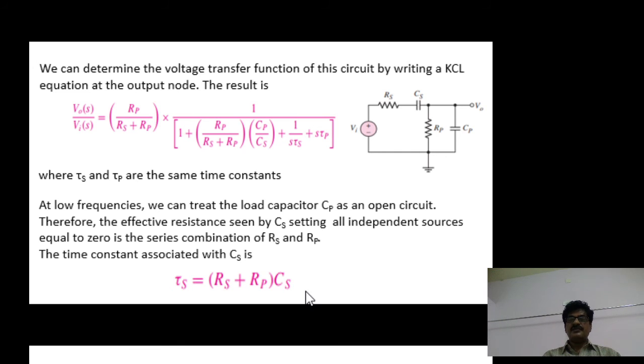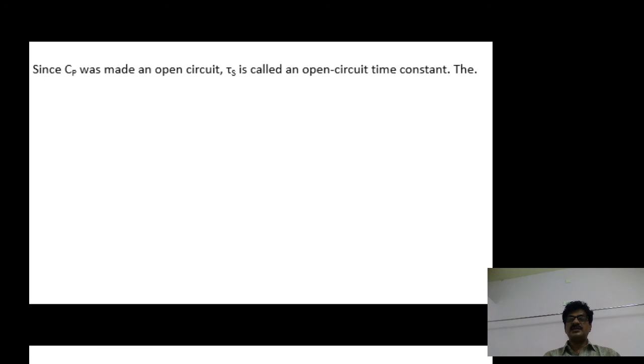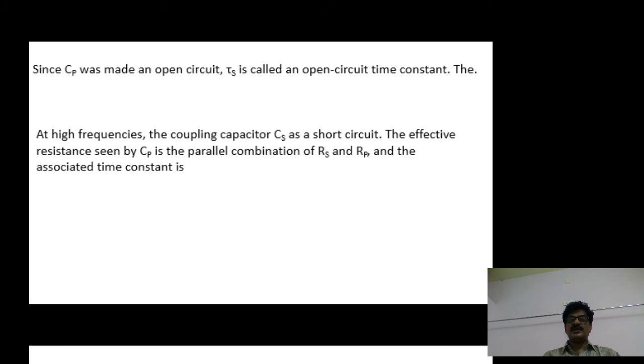The notation S for the time constant is used because Cp works as an open circuit, and this is the time constant with reference to the series capacitor. Similarly, at higher frequencies, the coupling capacitor CS acts as a short circuit, and the effective resistance seen by Cp, again assuming the source Vs is 0, is the parallel combination of Rs and Rp.